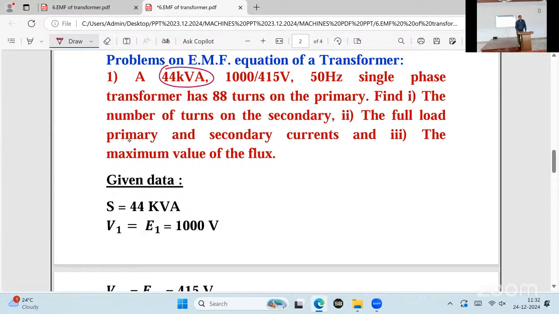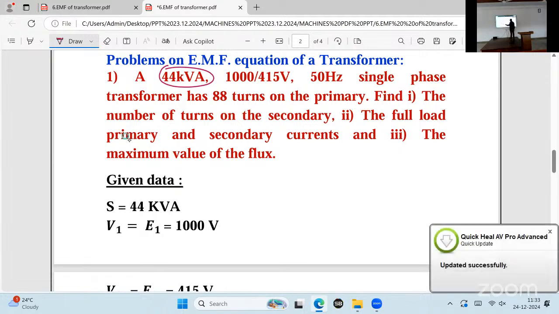S is apparent power. 44 kVA is the rating of the transformer, and the rating of the transformer is always given in apparent power. S is equal to 44 kVA, K means 1000.